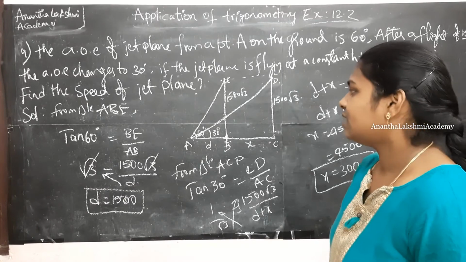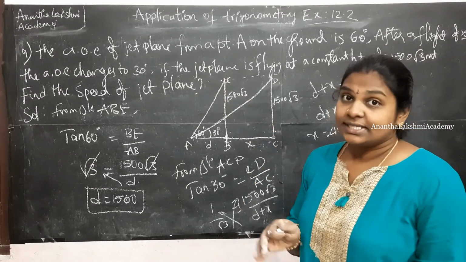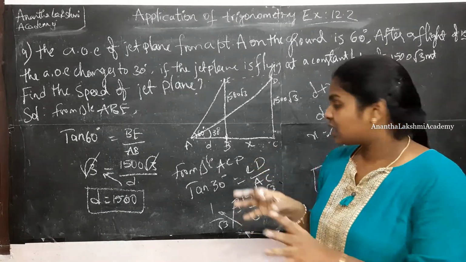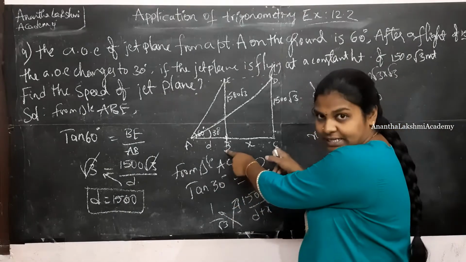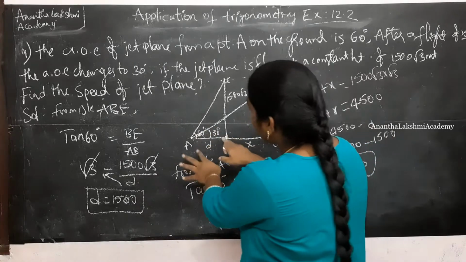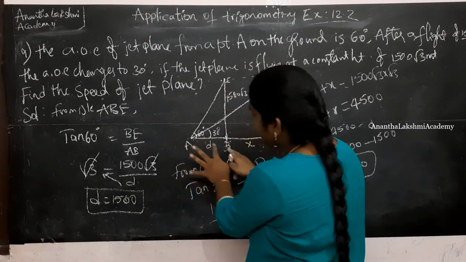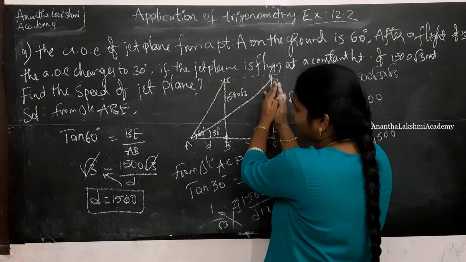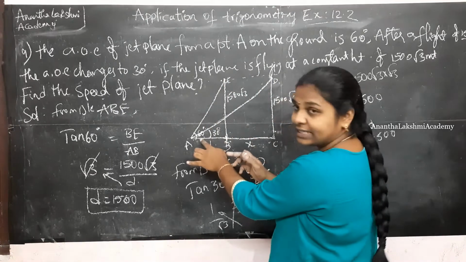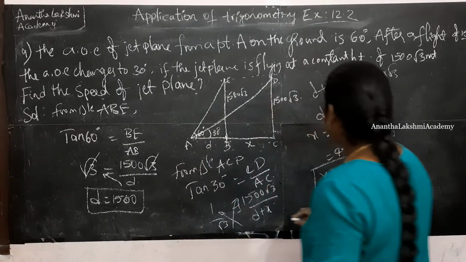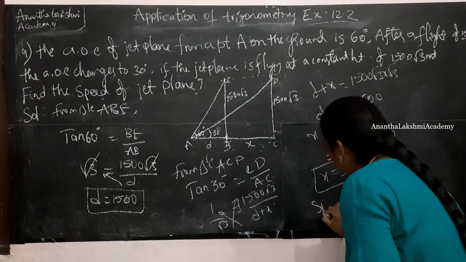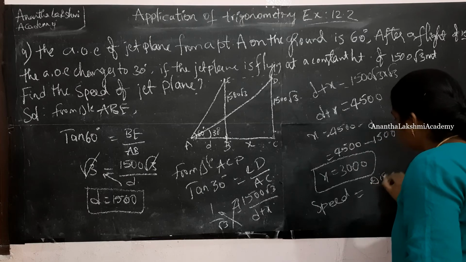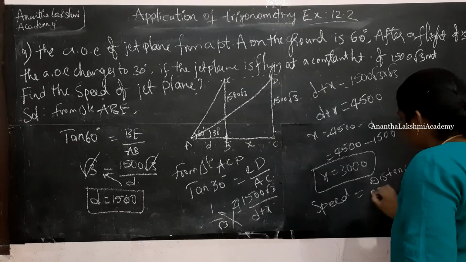Now what are they asking us to find? Find the speed of the jet plane. For us, the time given, which is 15 seconds, is to cover the distance from B to C. From a point, it made an angle of 60 degrees, and after moving from that point, it made an angle of 30 degrees. So speed is equal to distance by time.